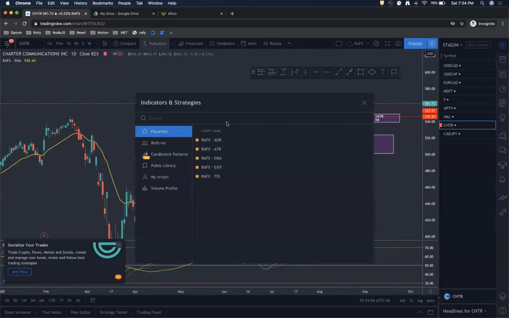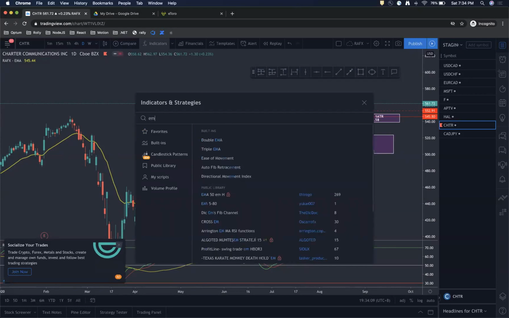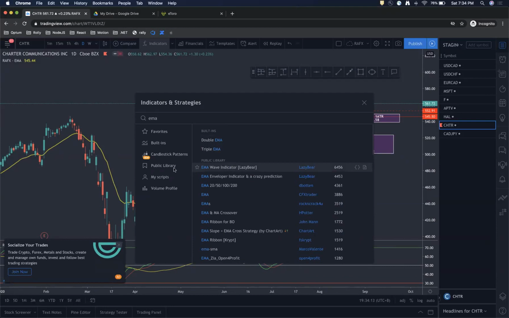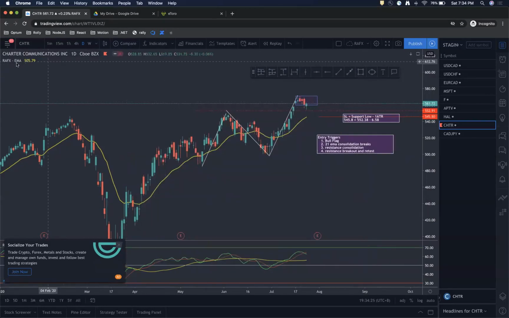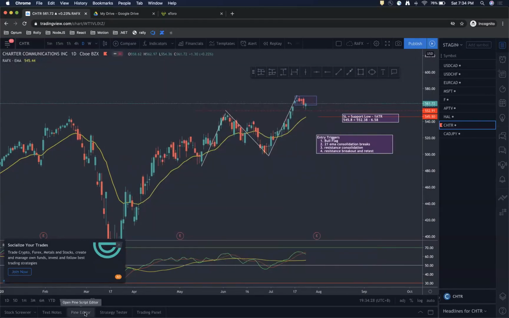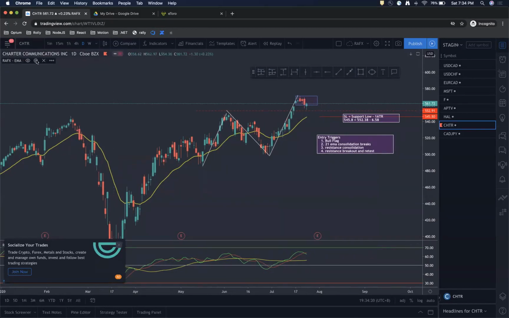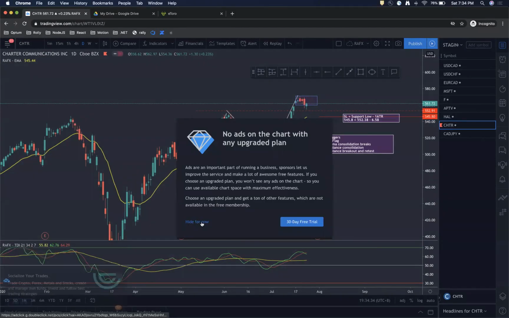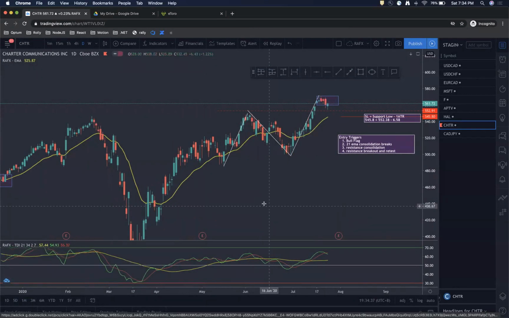There are available EMAs from the public library, and 4656 users use that one. But if you want my script, I can send the EMA, the TDI, and the ATR later.